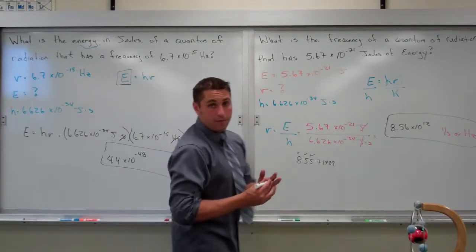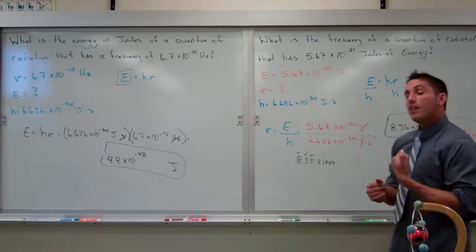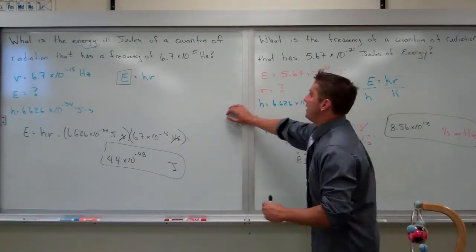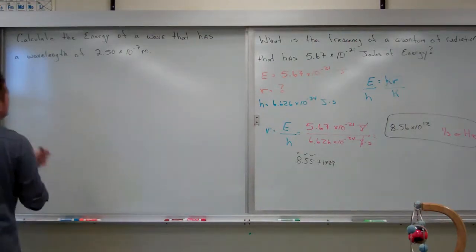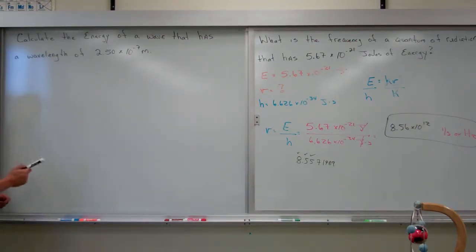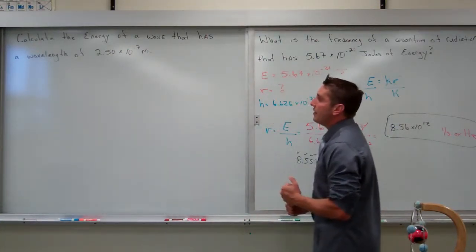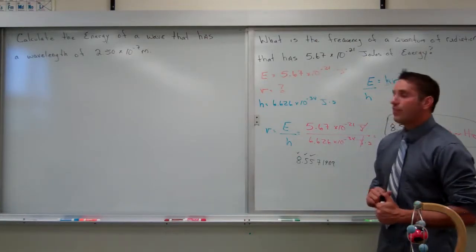So 2 pretty straightforward problems that are working with E equals hv. The last problem I'd like to show you is how we can link these 2 ideas together. It says, calculate the energy of a wave that has a wavelength of 2.50 times 10 to the negative 7th meters.